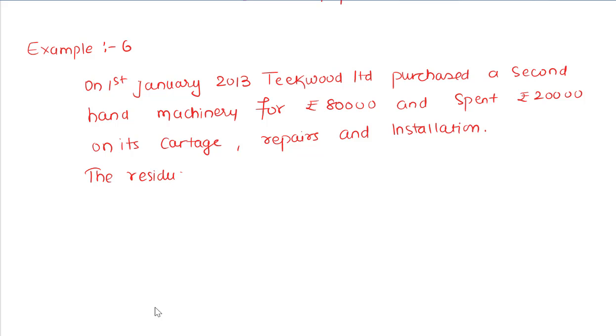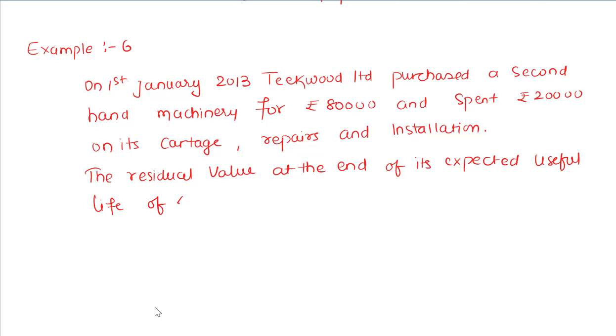Just write about the residual value. The residual value at the end of its expected useful life of 4 years is estimated at 68,000.